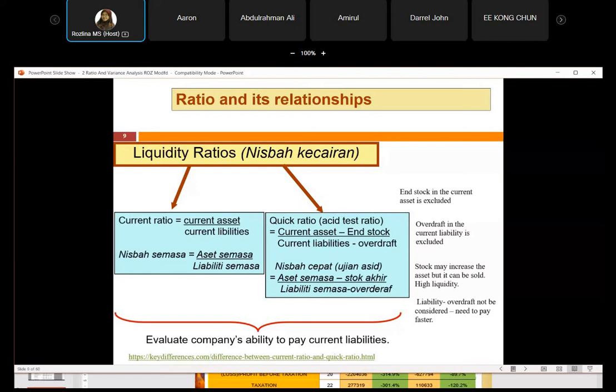But for the quick ratio, no need to consider the overdraft, if there is any. So these are the liquidity ratios to evaluate the company's ability to pay the current liabilities, based on the current assets.